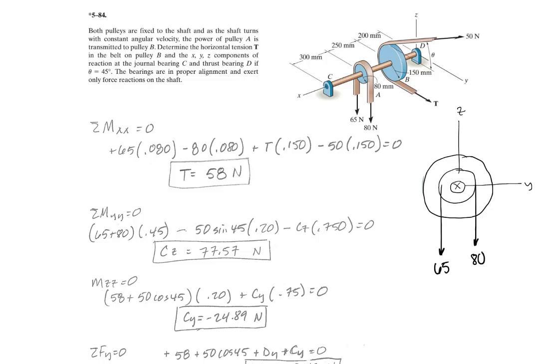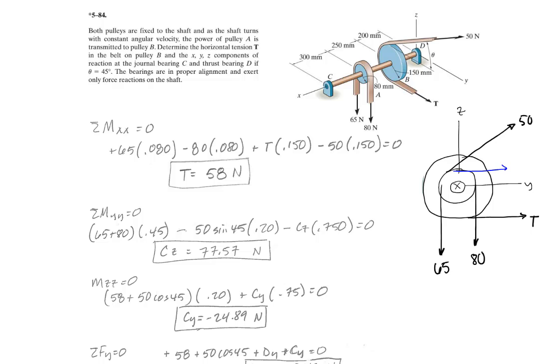Then off the larger pulley I have this unknown tension, and then up at an angle I have this 50 Newton force. For our convenience in summing the moments, I'm going to put the components of that 50 Newton force.